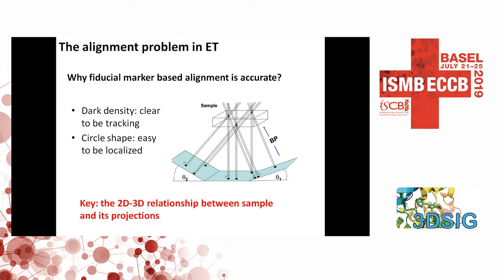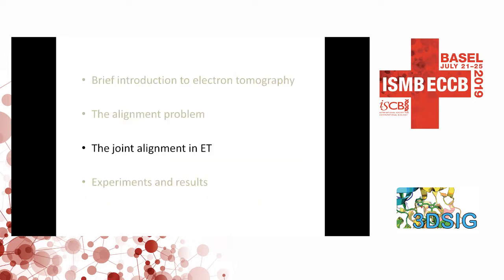It is a sphere, so we can get its center, and the center can be easily tracked across the projections. This is why people use fiducial markers. The key is that the 2D-3D relationship between the sample and its projections is represented by the fiducial markers.